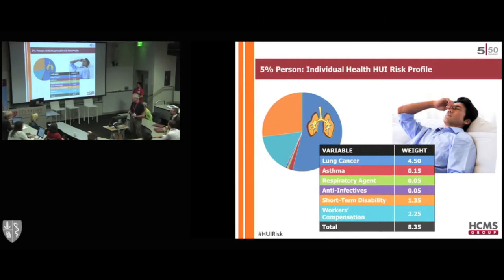Why might the workers' comp claim be of interest to a healthcare provider who is seeing somebody with lung cancer? The first thing you think about when somebody is an employee and they've got cancer? Might it be related to work? Exactly. And so how important might that be to a provider in terms of understanding the risk of this person and their job? And so we routinely look at this kind of a profile on each individual.